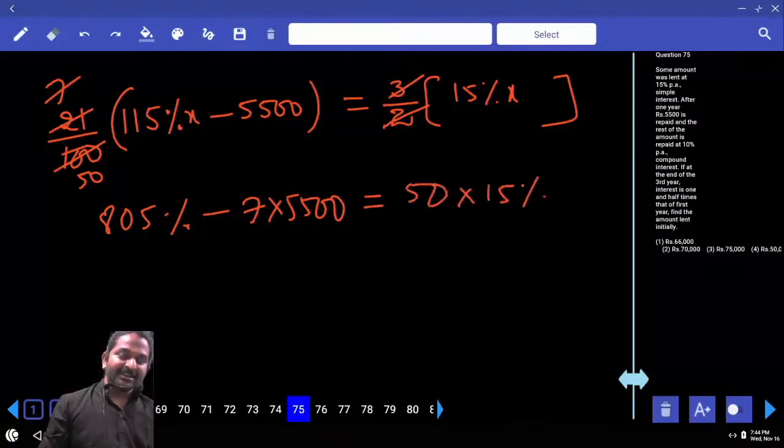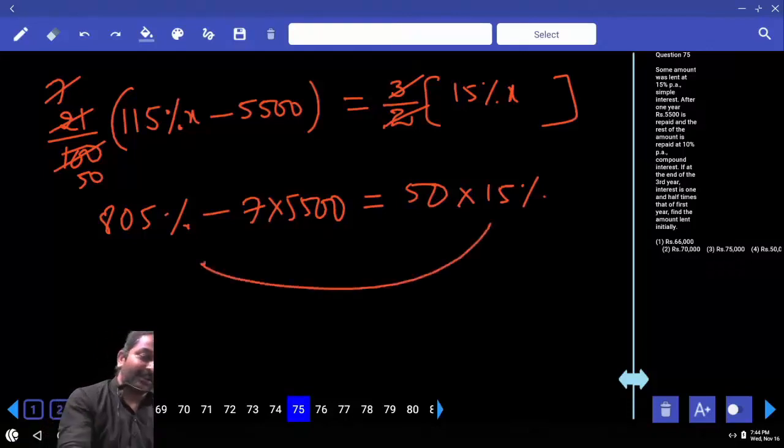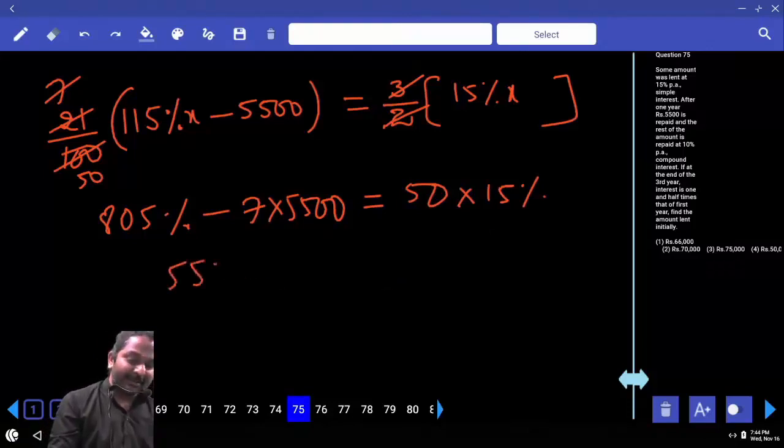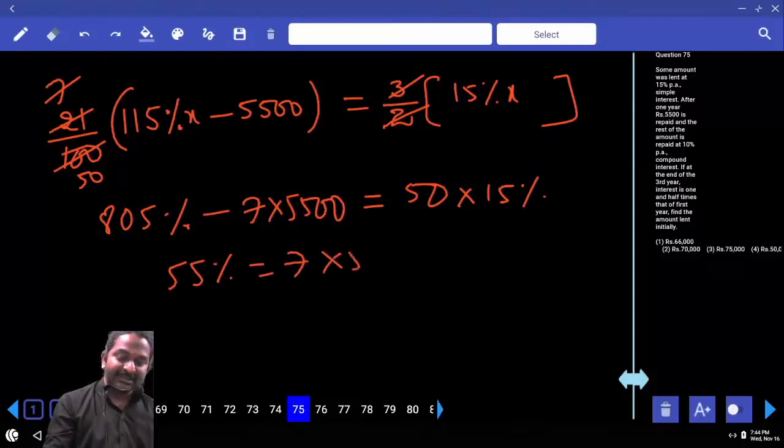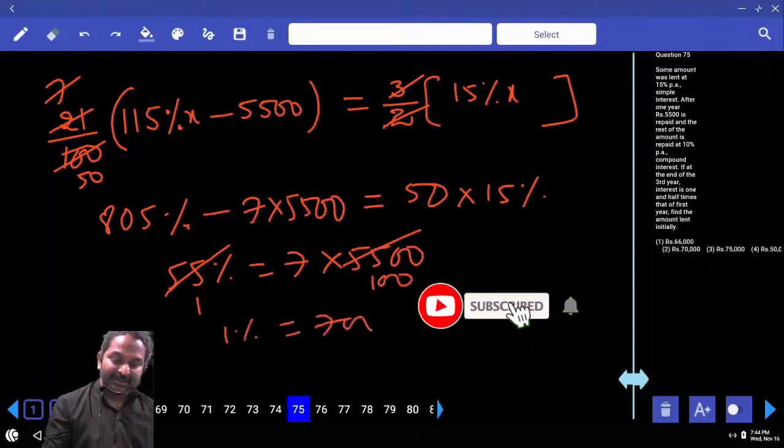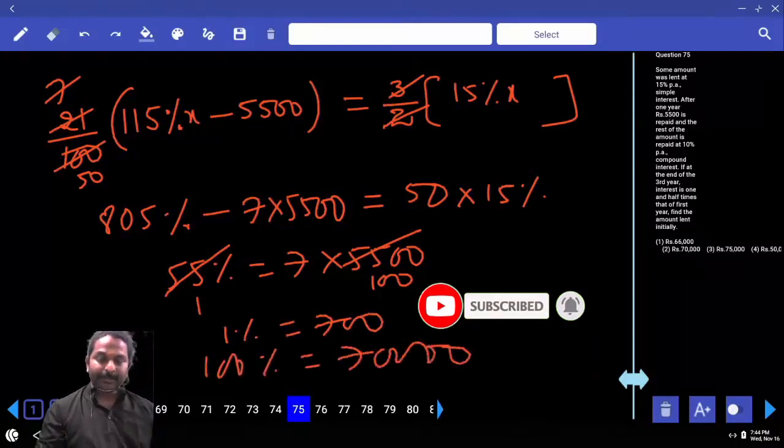How much is that? 750. When you take that to the other side, 55% is equal to 7 times of 5500. 1% is equal to 700. If 1% is equal to 700, 100% is 70,000. Done?